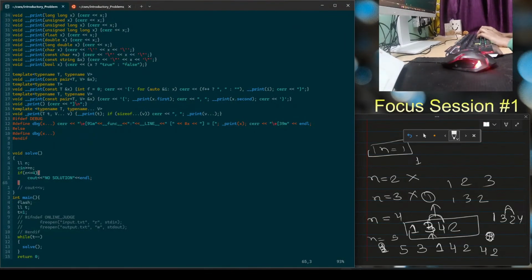Okay, whatever. It will output no solution and return.